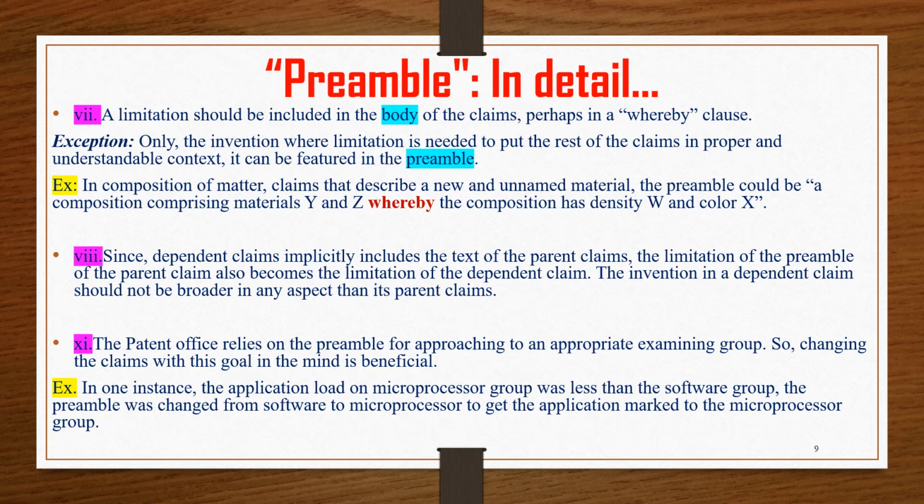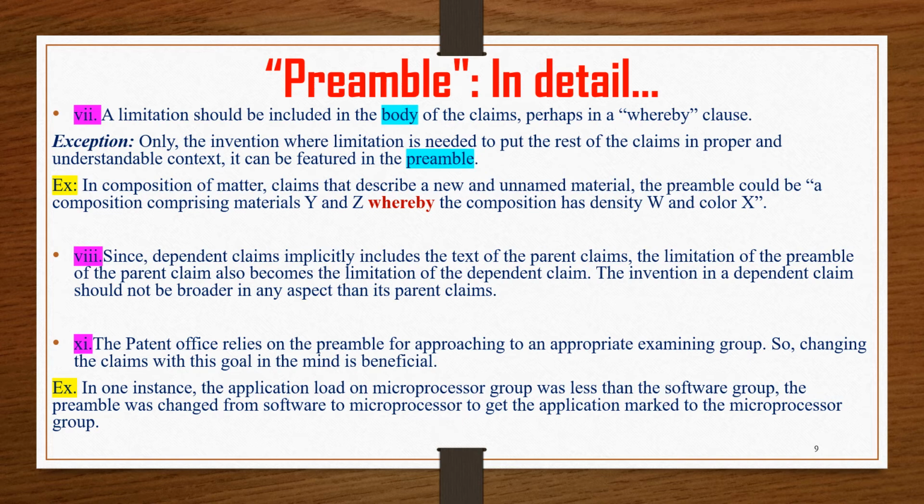Fine. Point number 8. Since dependent claims implicitly include the text of the parent claims, the limitation of the preamble of the parent claim also becomes the limitation of the dependent claim. Okay. The invention in a dependent claim should not be broader in any respect than its parent claims.